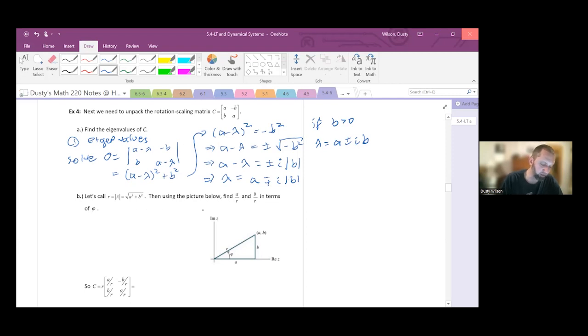And then we're going to use the picture below to find A over R and B over R in terms of the angle phi. So remember that we can label our axes with the real part and the imaginary part instead of x and y. We can have our real part is the A, so that's here.